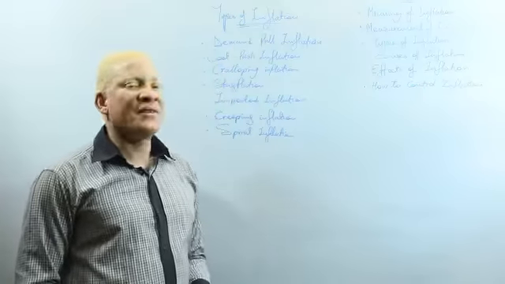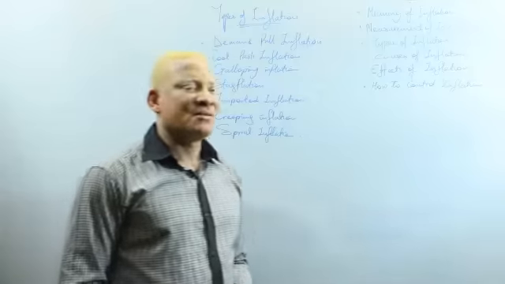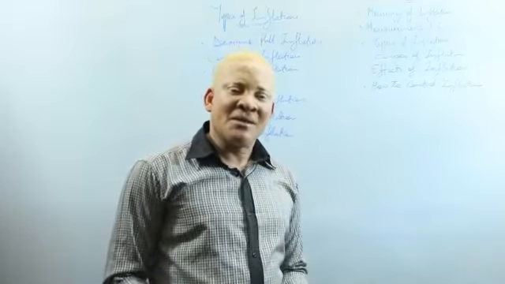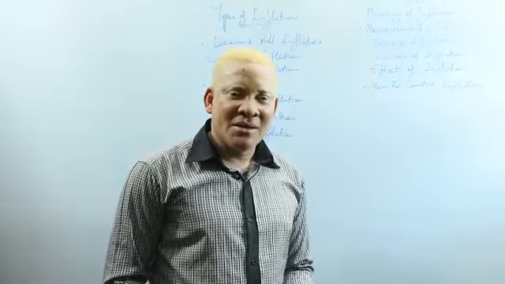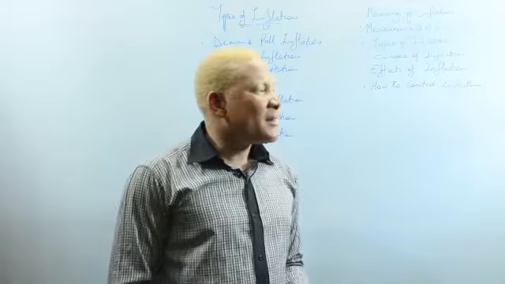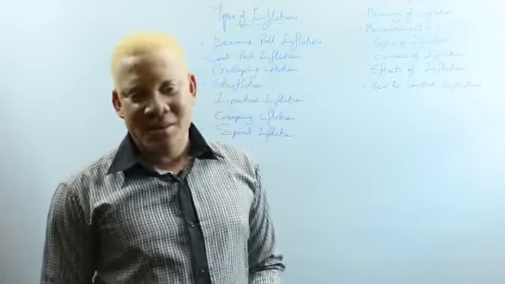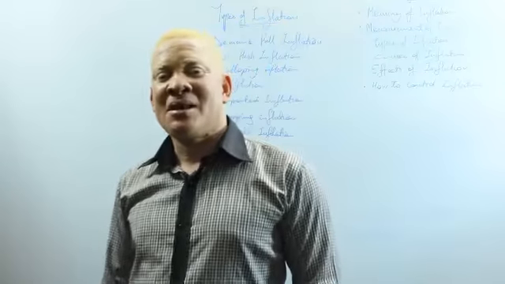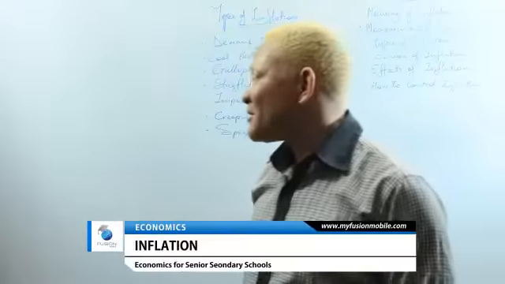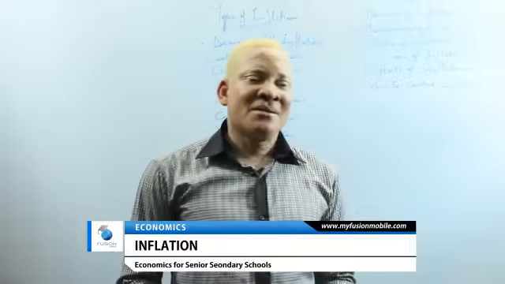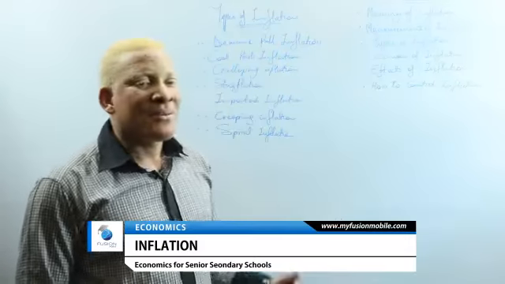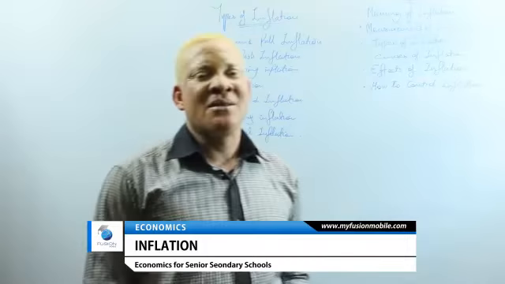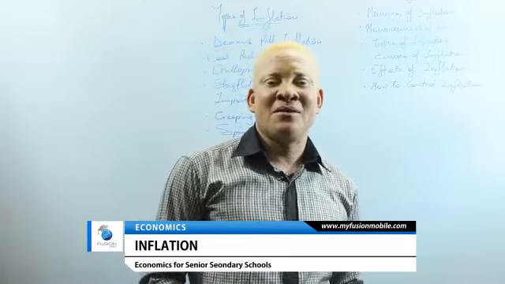Demand pull inflation refers to the type of inflation where the rise in prices is caused by excess of demand over supply. When demand increases over supply, like we studied in our theory of price determination, the suppliers or the producers increase their price since the economy has become survival of the fittest.